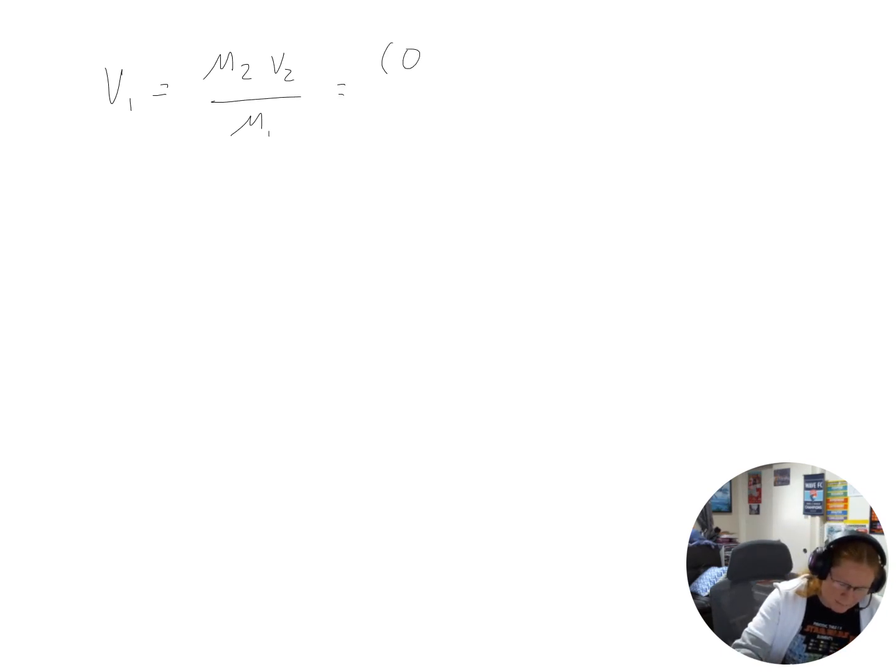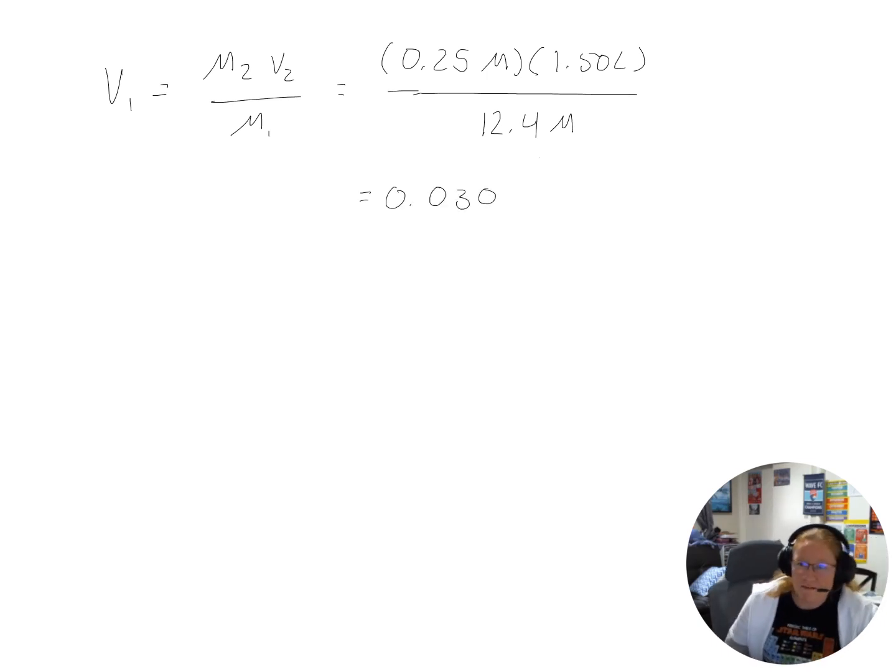We're going to get our 0.25 molar times our 1.50 liter over our 12.4 molar. Okay? When we do this, we get 0.030. Well, let's figure out what units these are, because this is molarity.